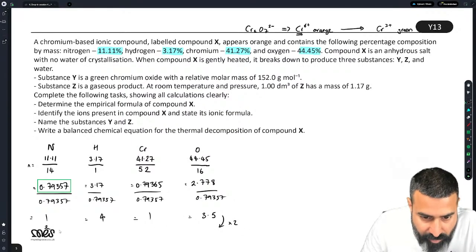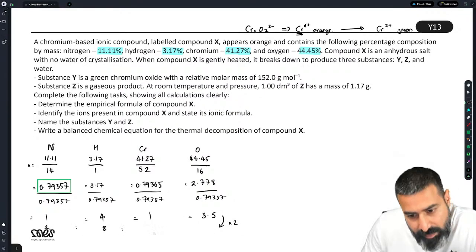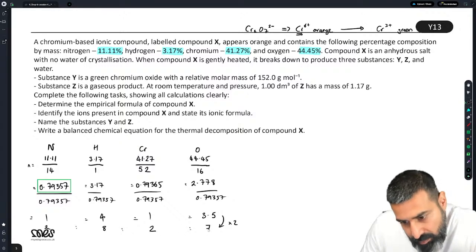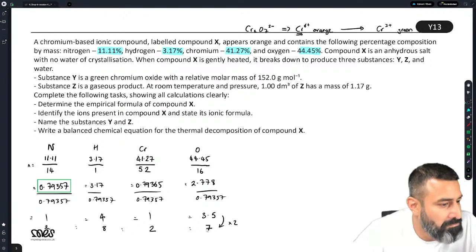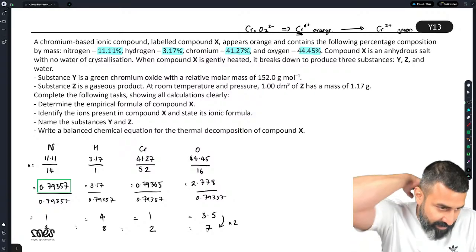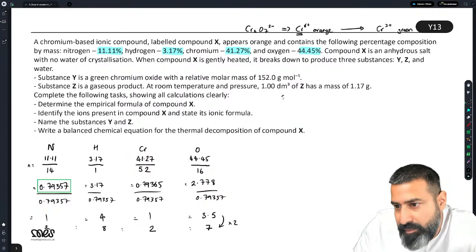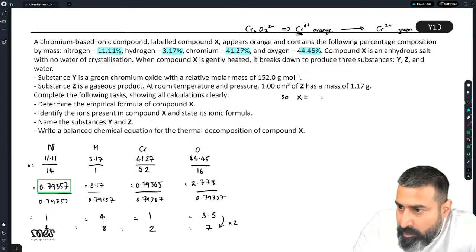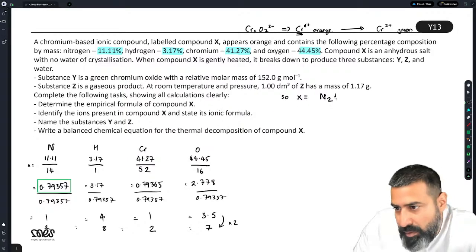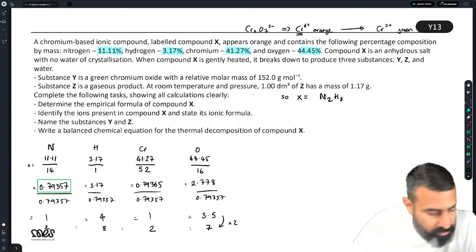So this is going to be 2 to 8 to 2 to 7. Done. So if I'm writing the empirical formula of X, it is going to be N2H8.